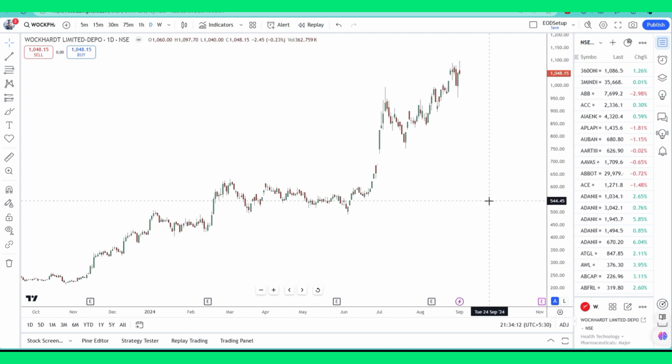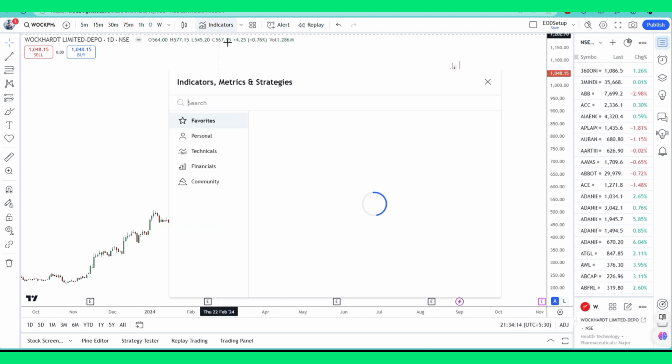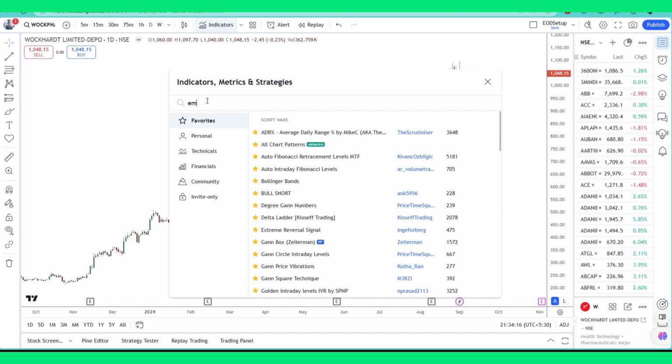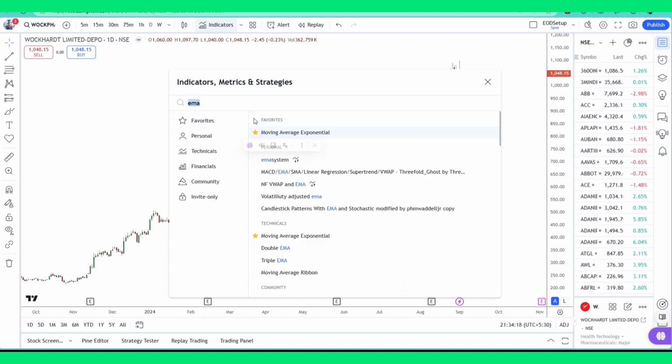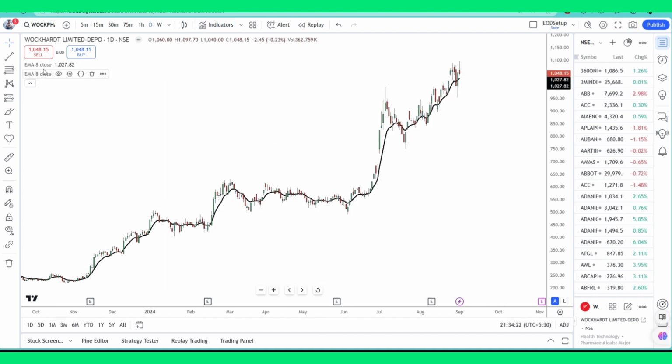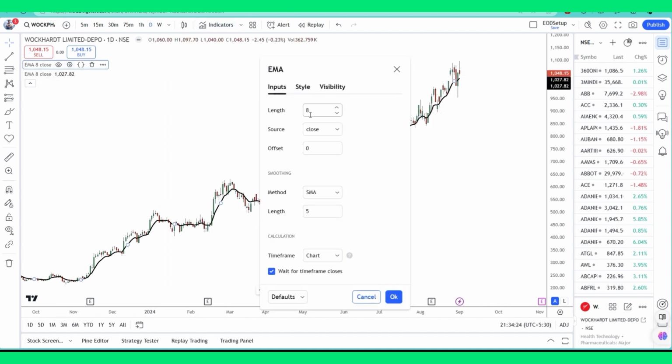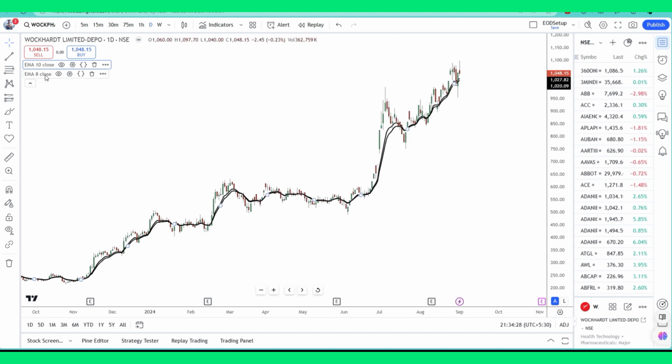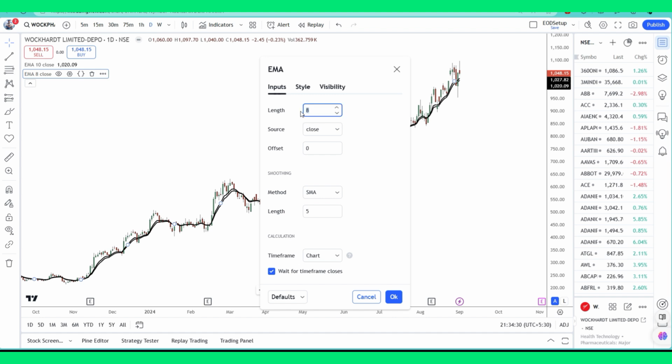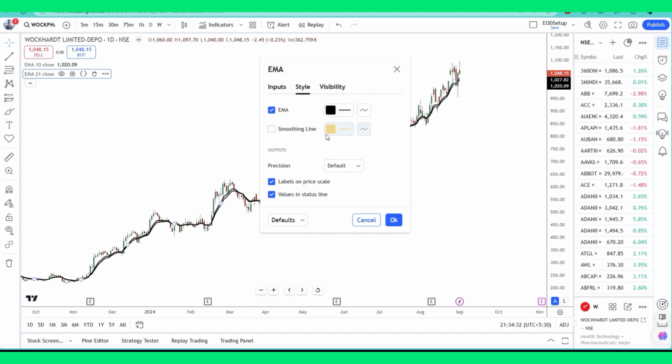So here what I usually do is I add a EMA. Let's add 2 of them. So one will be 10 and the other will be 21. Let's change the color to something else.